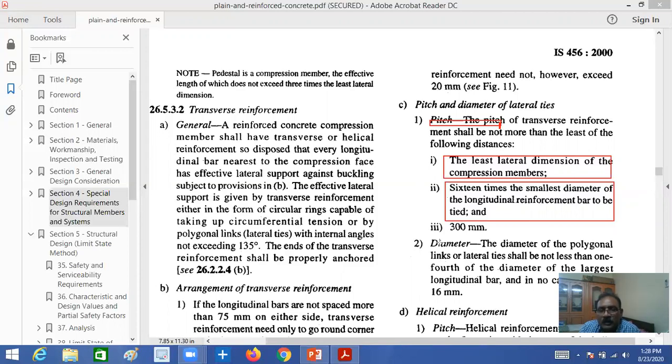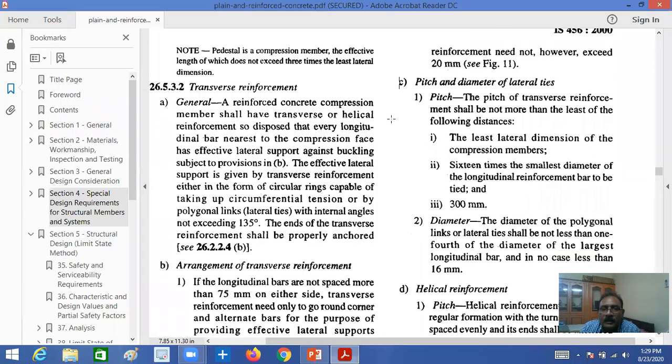Suppose 32/4, that is 8, so you have to provide 8 mm. If you go above 32, you provide the minimum reinforcement likewise. So this is the pitch we are going to consider in the columns.